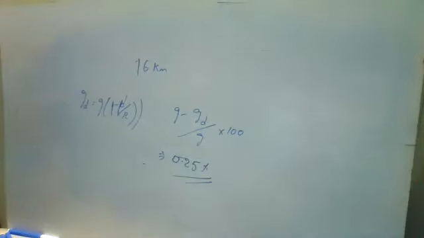The answer is 2.5 into 10 power minus 3. Even if we say 25 into 10 power minus 3, it is 0.25%. Check it.